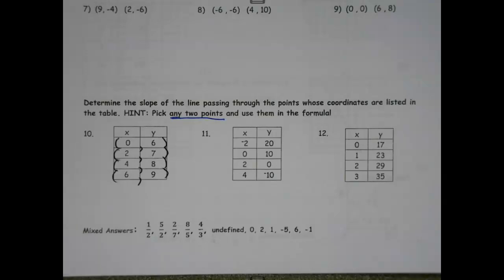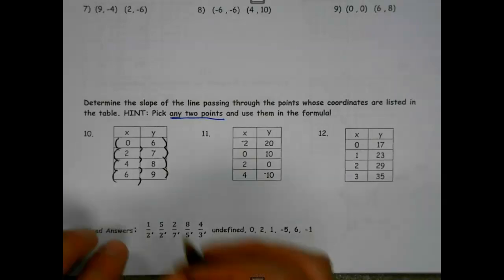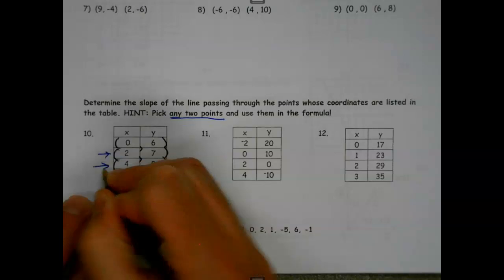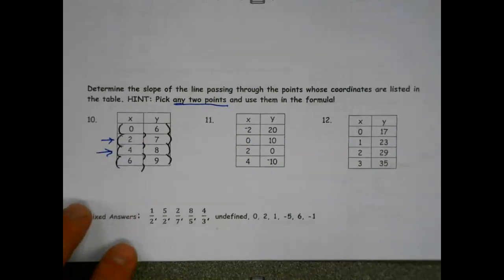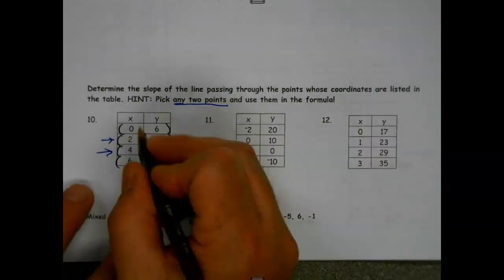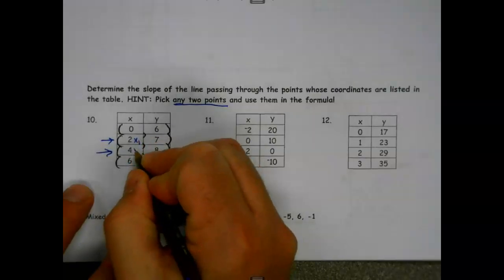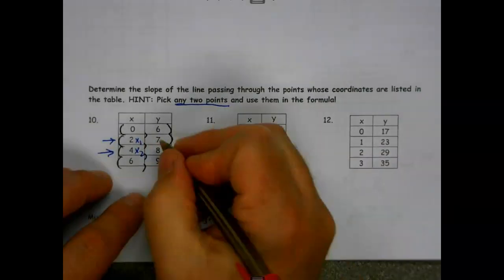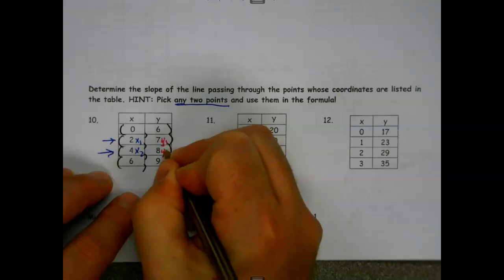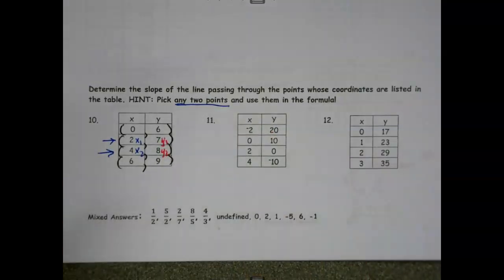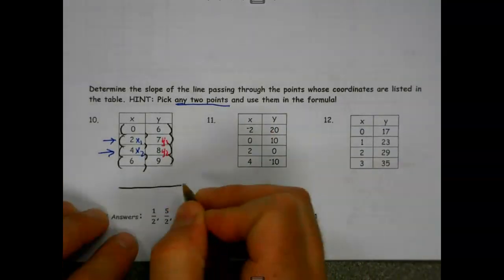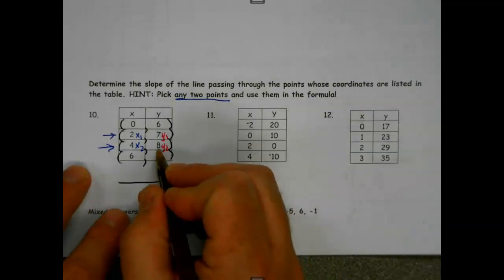So let's just say, for fun, let's go with the middle 2 here. So I'm like, all right, x1, x2. Again, totally up to you if you want to do the labeling like this, but it has saved me many a time.